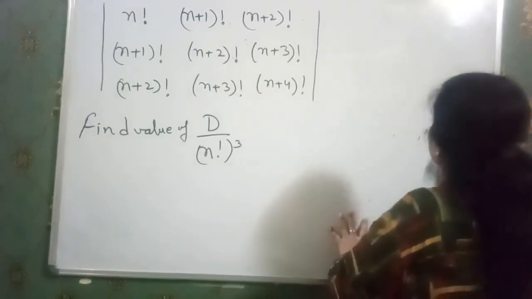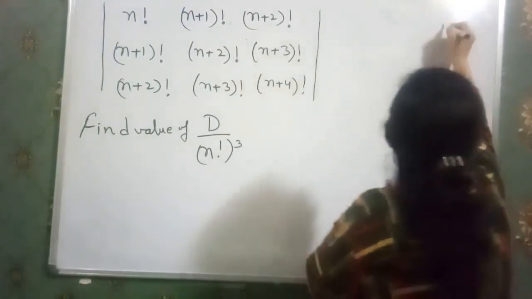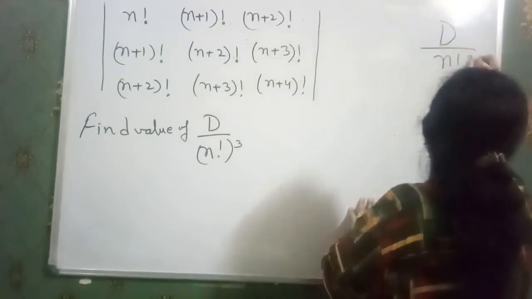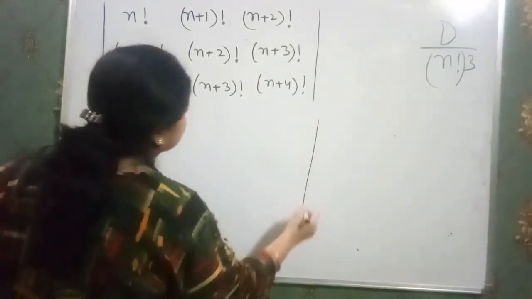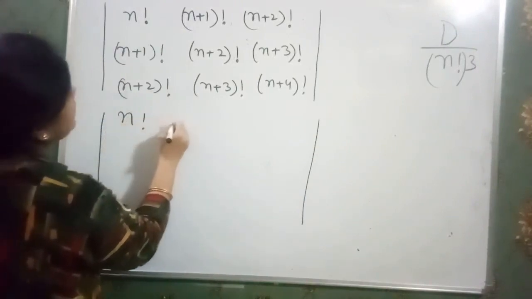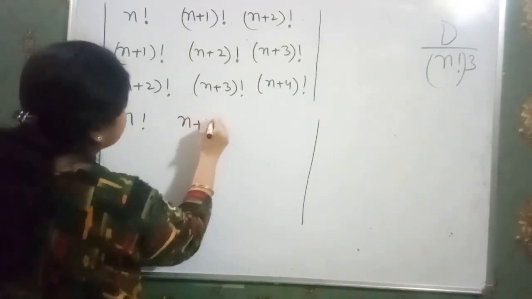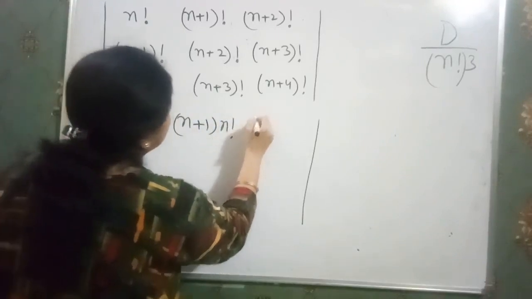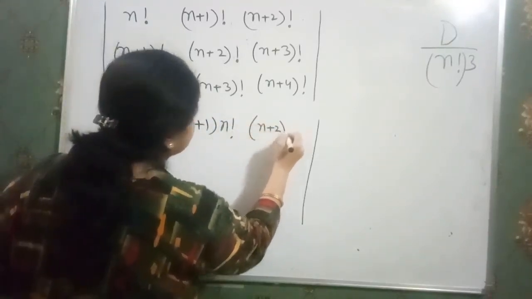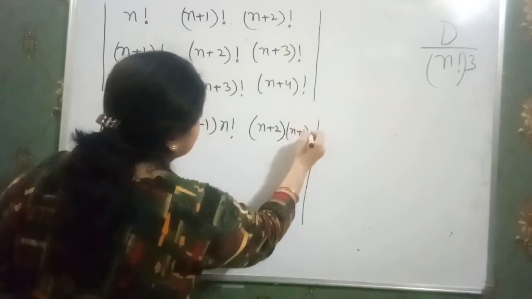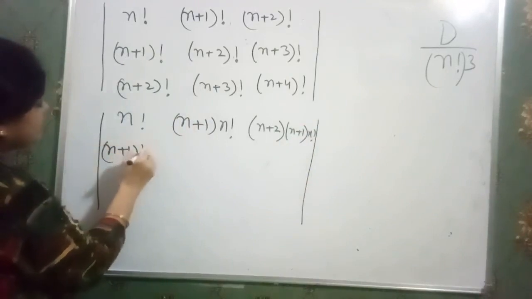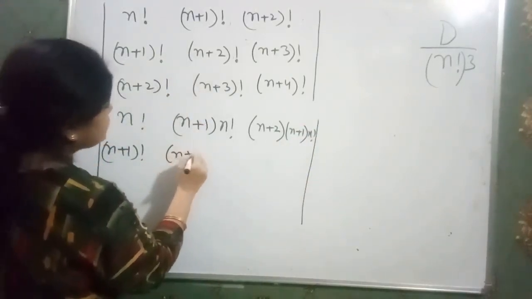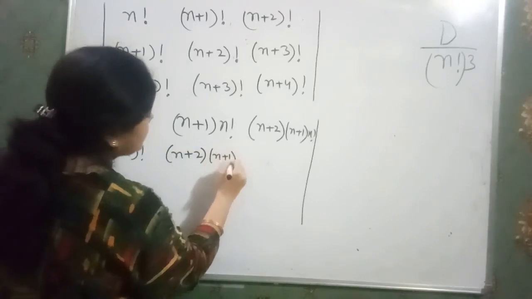Just watch on the screen, and we have to find the value of D over n factorial cubed. Okay, now I am writing just below this determinant. Here we have factorial n, here we have n plus 1 factorial, n factorial. Now we have n plus 2, n plus 1, then factorial n. Similarly, n plus 1 factorial, here I have n plus 2, n plus 1 factorial.